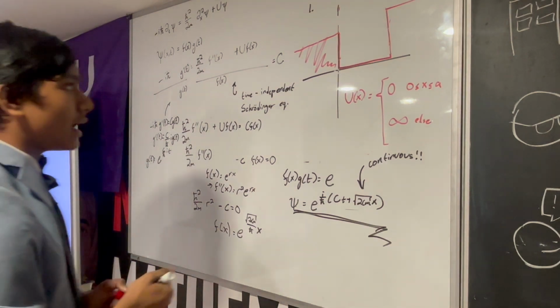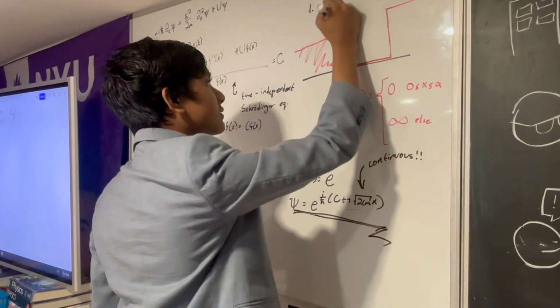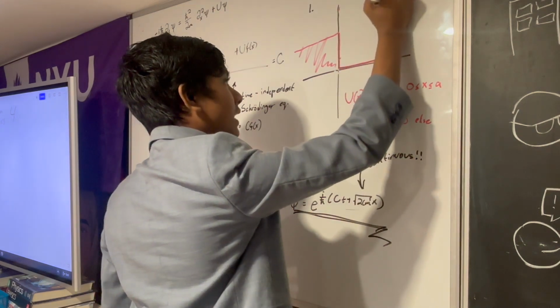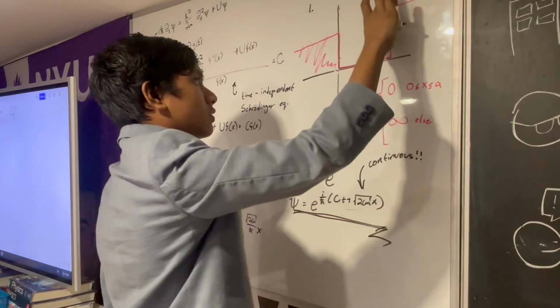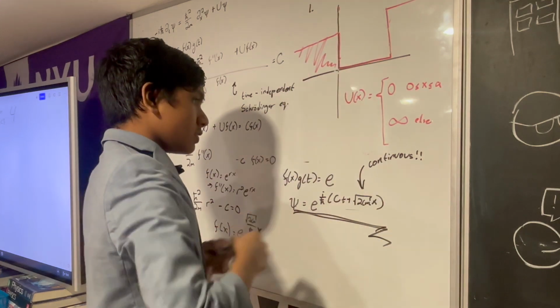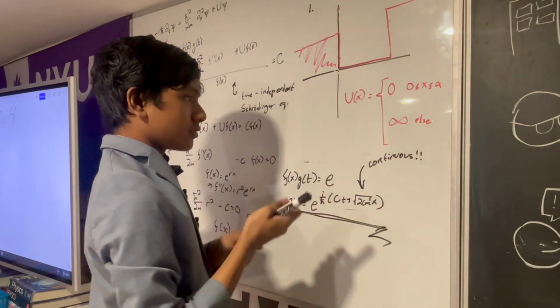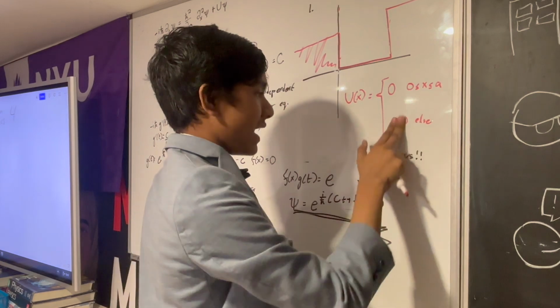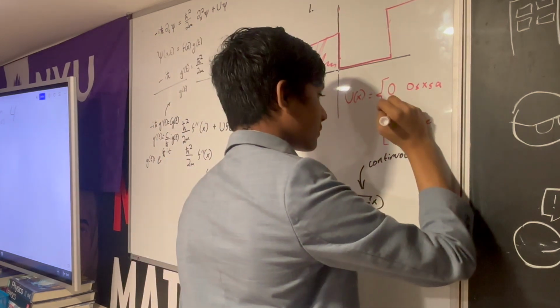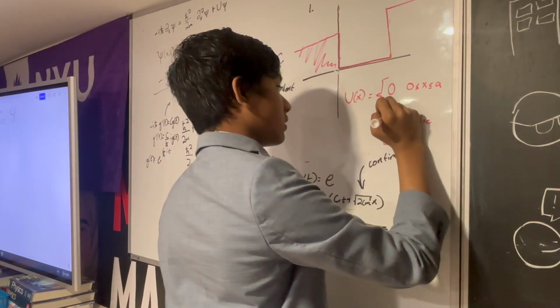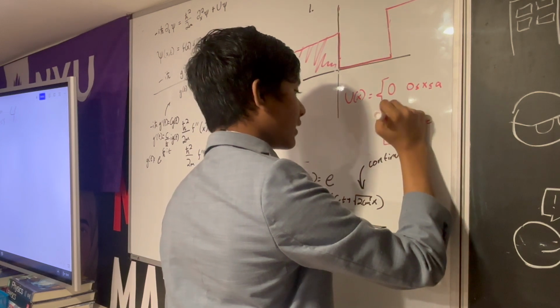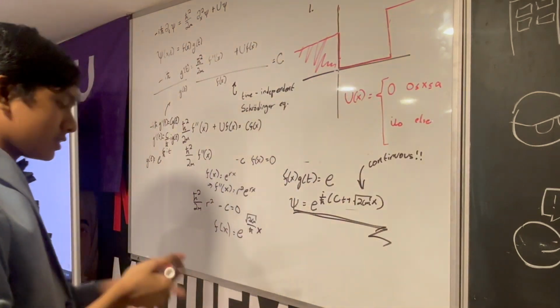So, what happens if we have something like this? So, we're going to call this, I don't know, U0. Okay, that works.